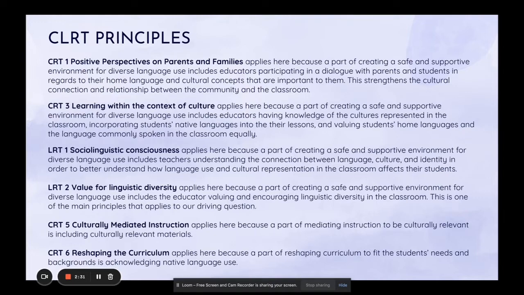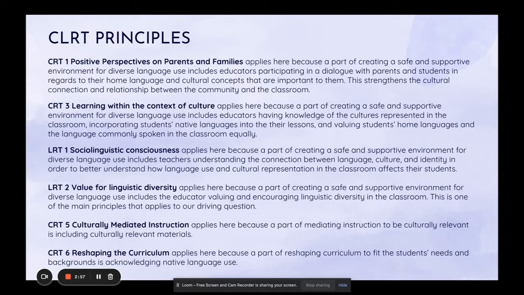LRT1, Sociolinguistic Consciousness, applies because teachers must understand the connection between language, culture, and identity in order to better understand how language use affects their students. LRT2, Value for Linguistic Diversity, applies because the educator should value and encourage linguistic diversity in the classroom.